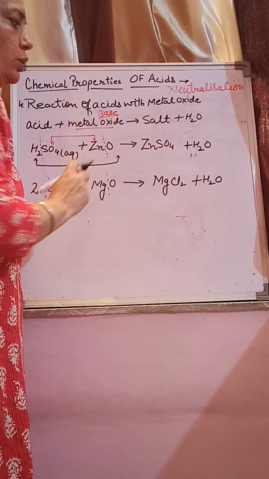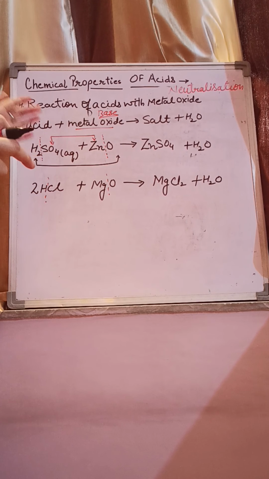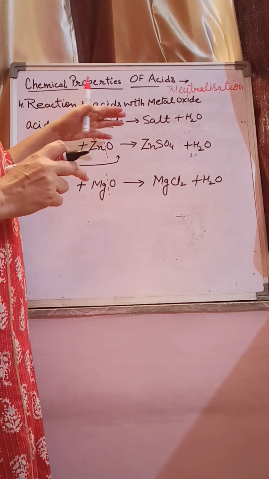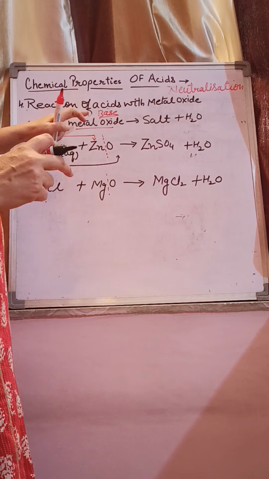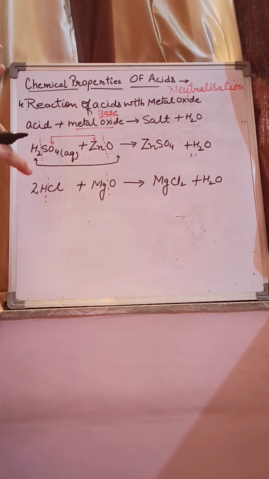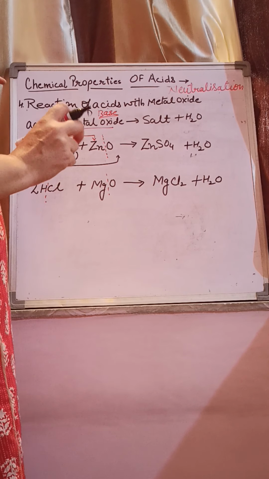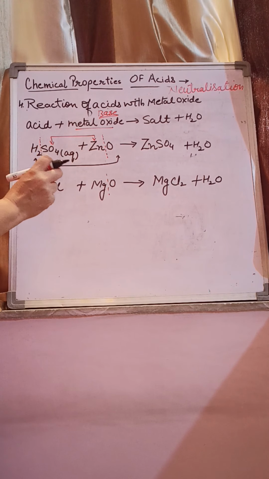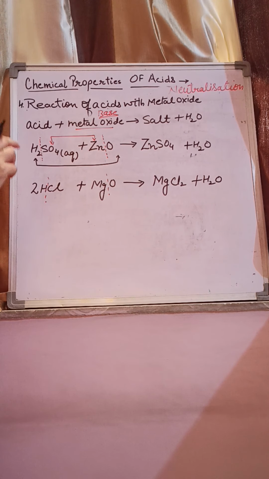These are the names of two salts formed in these reactions, and when an acid reacts with a metal oxide, salt and water are formed. With the help of this reaction, we can prove that metal oxides are basic in nature, and this reaction is also known as a neutralization reaction. Okay, so this is all about the chemical properties of acids.